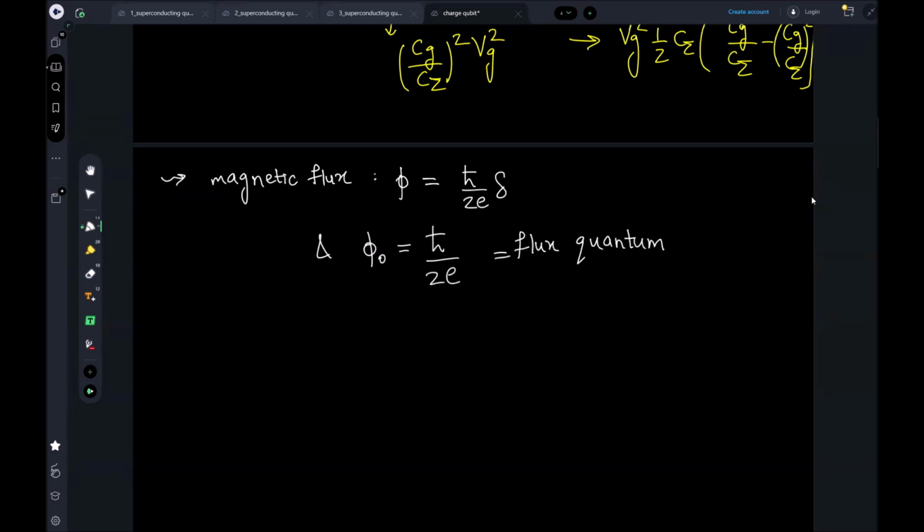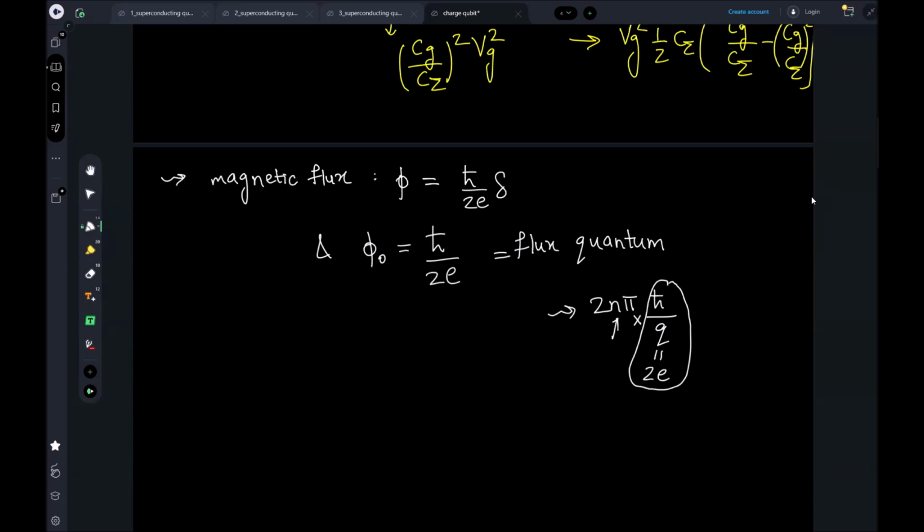And if you are wondering why this is known as the flux quantum, I will pull your attention to video number 4, where I wrote the flux of a superconducting ring, and it turned out to be 2n pi times h bar over q, where q was just equal to 2e. So if you now look at this expression carefully, this is just n times h over 2e.